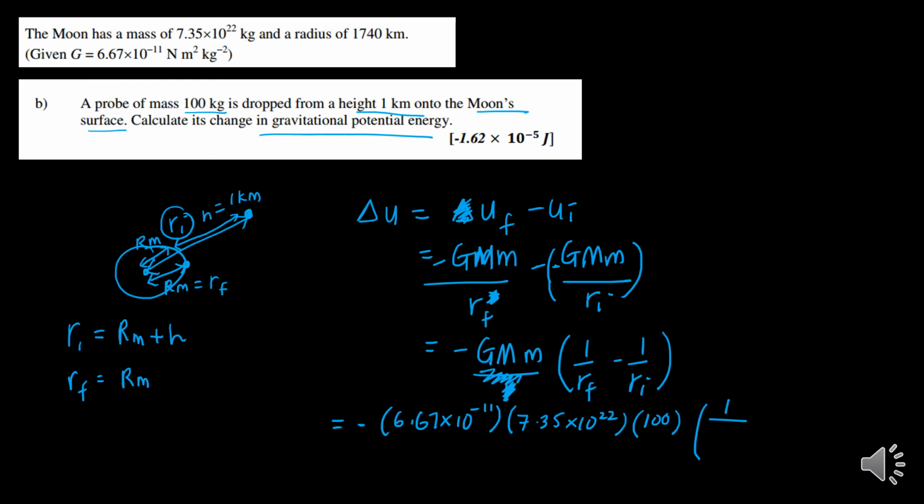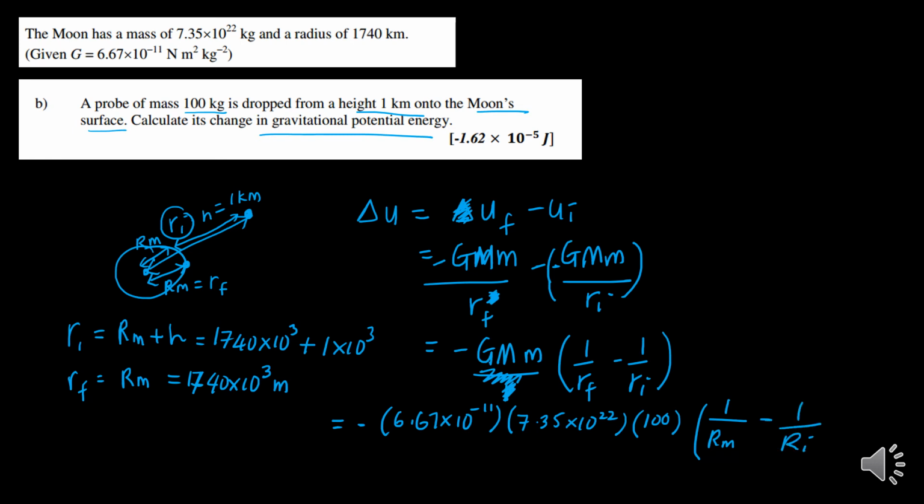R final is the radius of the moon, 1740 kilometer, which is 1740 times 10 to the power of 3 meter, and R initial is 1740 times 10 to the power of 3 plus 1 times 10 to the power of 3.